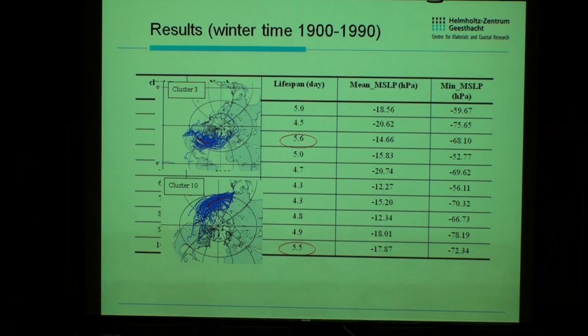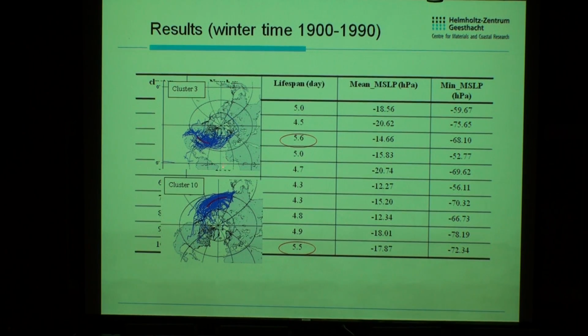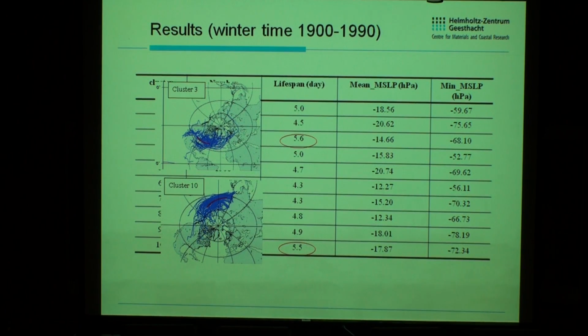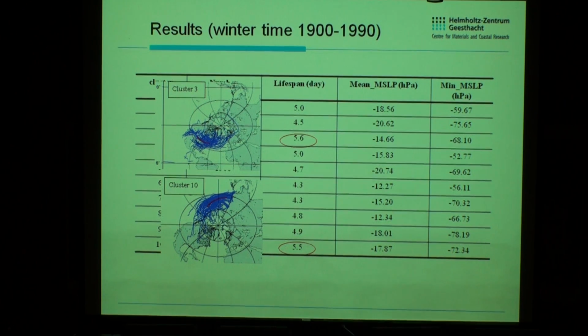And the longest ones are cluster 3 and cluster 10. As I said, they are not so strong, but because they travel over the sea, it is much easier to survive. The sea gives them moisture, and they can survive longer. But if the tracks of cyclones go onto land, they disappear quickly.